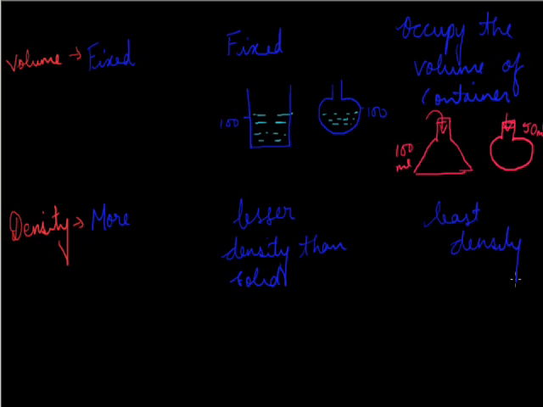For example, I talk about H2O. If I say it is ice, it is in the solid form, and in the liquid form it is water, and in the gas form it is vapor. Here the only exception is water, because the density of ice is less and the density of water is more. All other liquids have less density than their solid state.